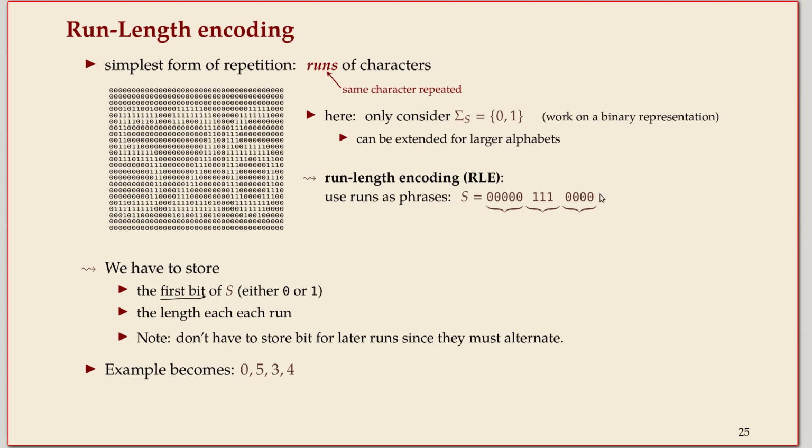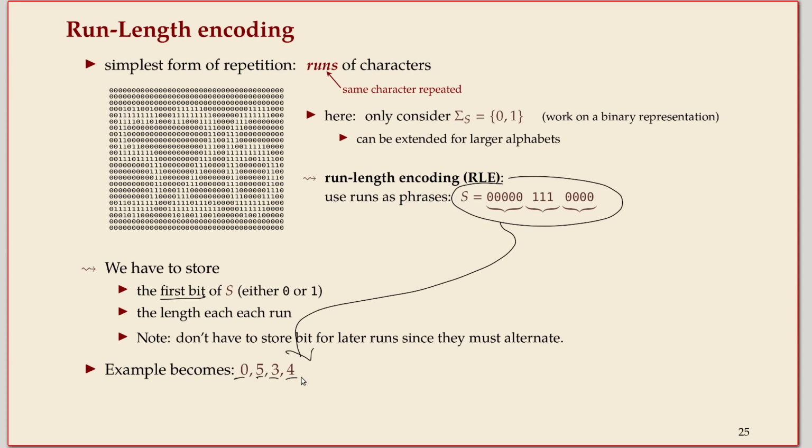So if you take our example, this string is the example I mean here. We start with a 0, that's why we say 0. The first run has 5 zeros, so that's the 5. Then we have 3 ones, that's 3, and 4 zeros, that's 4. That's it. That's run length encoding.